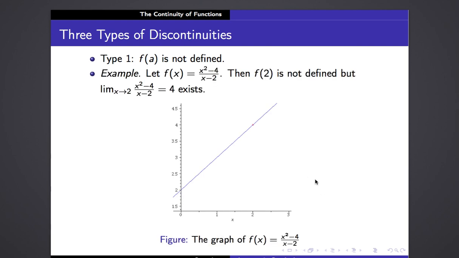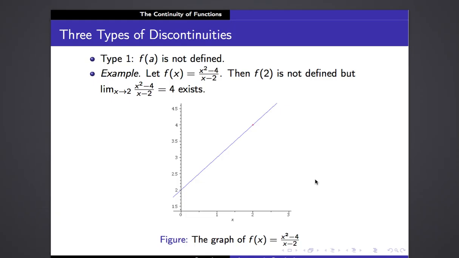So here is an example, actually our familiar example. Let f of x be the function given by x squared minus 4 over x minus 2. In this case, f of 2 is not defined, because when x equals 2, the denominator becomes 0, so it is undefined.